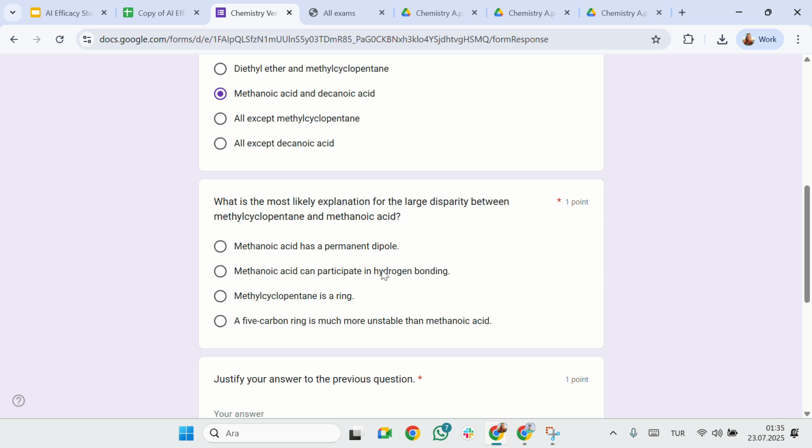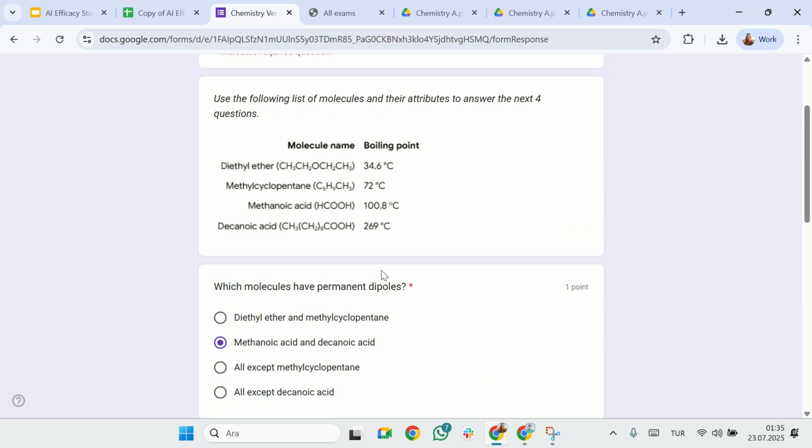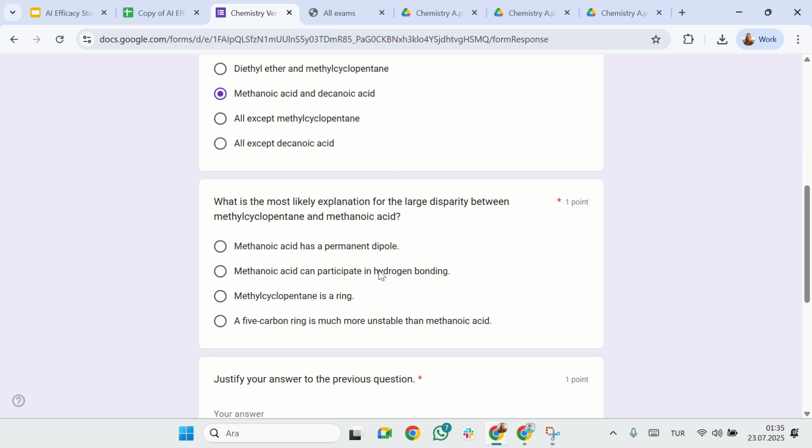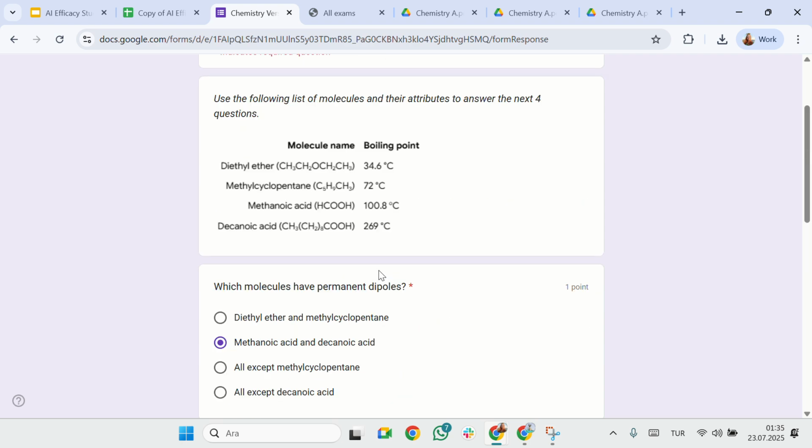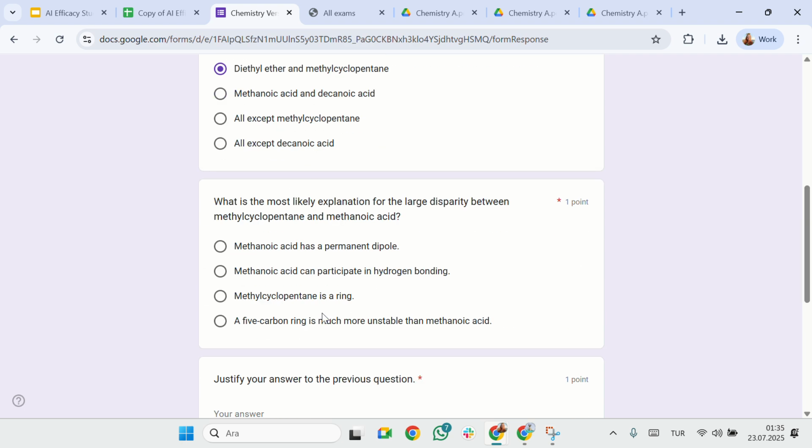Acid can participate in hydrogen bonding. Yes, it can. Then the answer should be like this. Large disparity between this. The 5-carbon ring is much more unstable than methane. I'm gonna go with this.